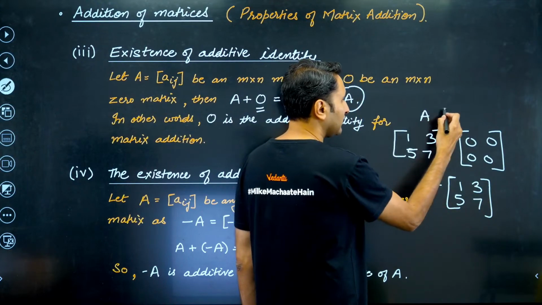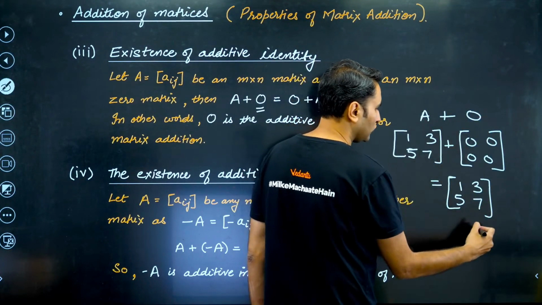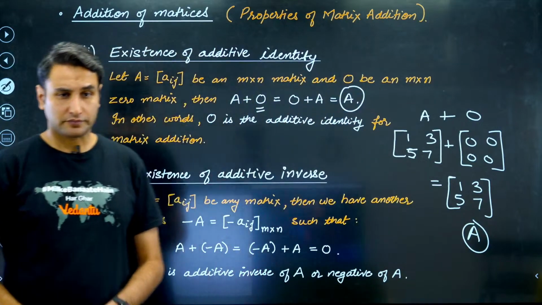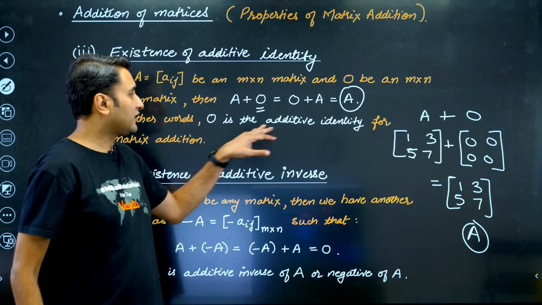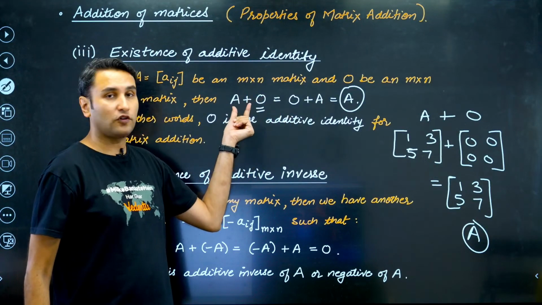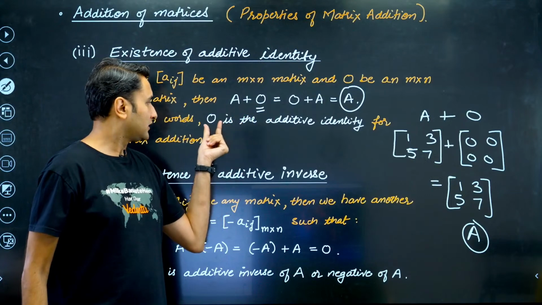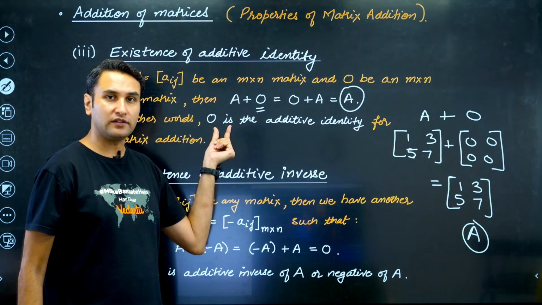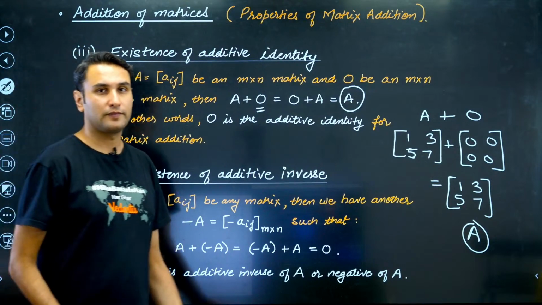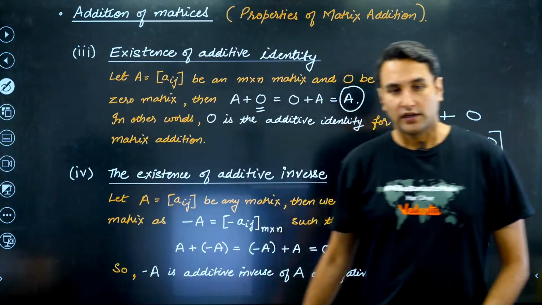So A plus 0 will give you nothing but A once again. So the zero matrix is the additive identity of A. In simple words, if A is of the order m by n, then the zero matrix of the order m by n is called the additive identity of the matrix A.